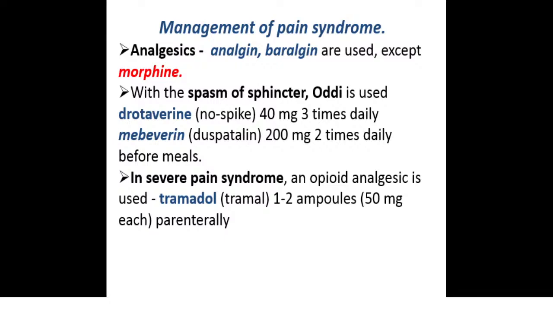Management of the pain syndrome: analgesics, but you cannot use morphine, because morphine causes spasm of the sphincter of Oddi. With spasm of the sphincter of Oddi, you can use different spasmolytics. In severe pain, we can use tramadol parenterally.